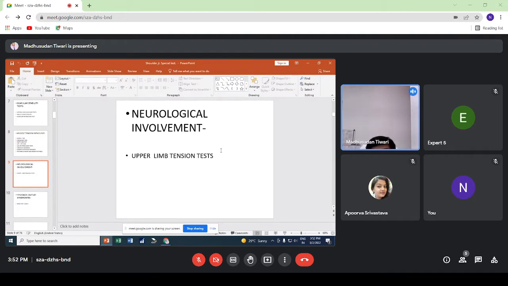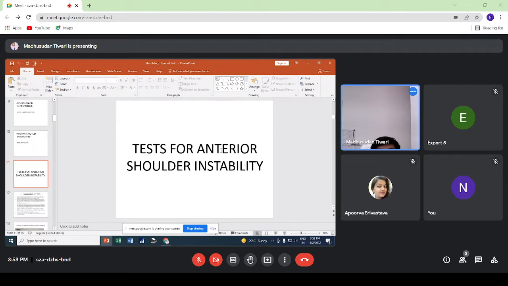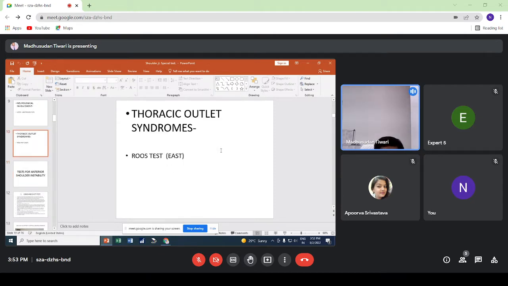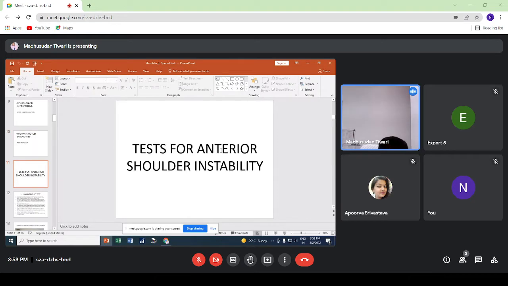Then we'll discuss neurological involvement, under which we'll discuss the upper limb tension test, ULTT. Then thoracic outlet syndrome, which will be assessed by the Roos test.